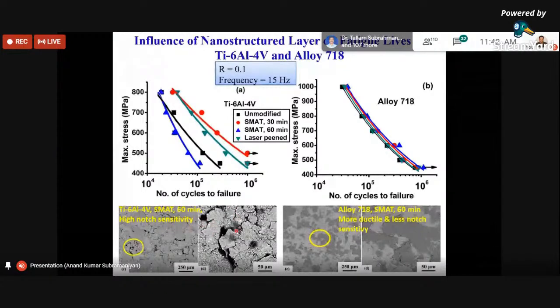So the point I want to make is that the SMAT process is material specific. For example, in the case of titanium alloy, it can generate micro cracks, but in the case of Inconel 718, because of its ductile nature, it can absorb the impact energy. So that's how the fatigue lives have improved for the 60 minute case.